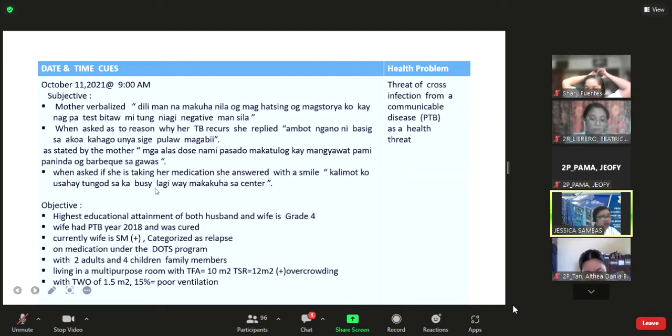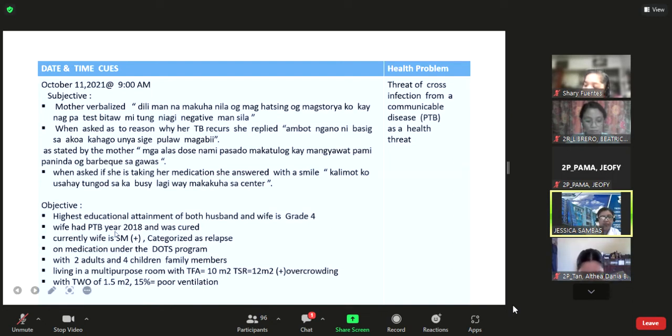The case here is that the mother had a relapse of her tuberculosis. So, that is the verbalization of the mother. Objective cues: the highest educational attainment of both husband and wife is grade 4. Based on her statement, this can support that their understanding of the disease process itself is lacking. Grade 4 has an impact on their behavior.